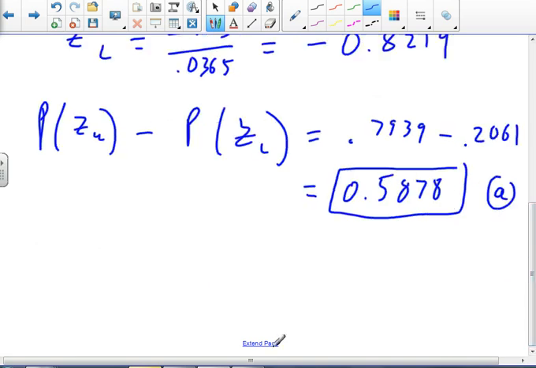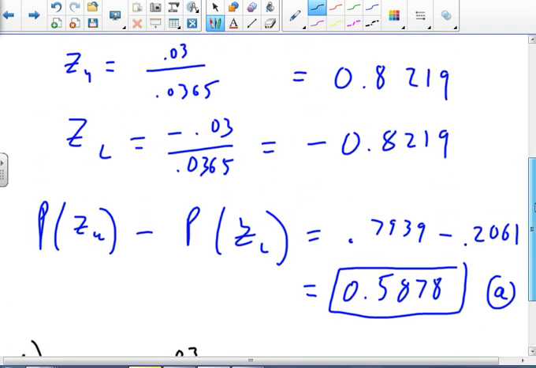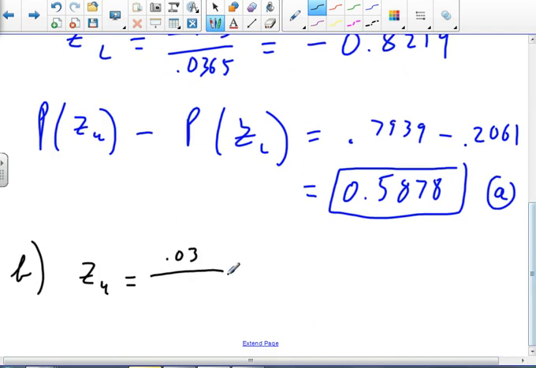And now I'm looking for a B answer. All right, the B problem. What is the probability if I do 50 gas stations? Okay, so I want my upper Z to be 0.03 divided by 0.2 divided by the square root of 50.